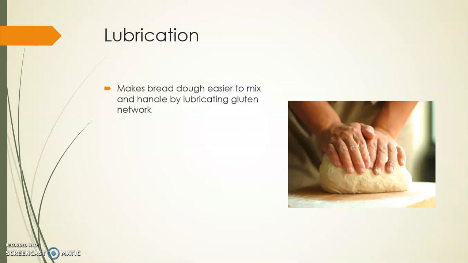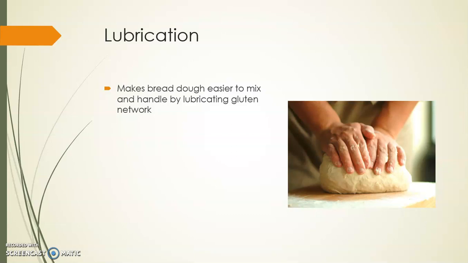Next thing that fat might do in your recipe is lubrication. And actually, this is for bread doughs, and it can help your bread dough to be easier to handle. If you've ever kneaded bread dough, it can take a lot of effort to knead that dough until the gluten is developed enough.